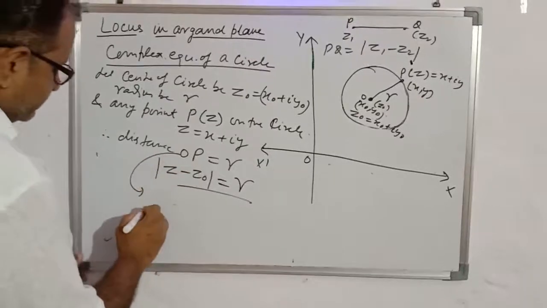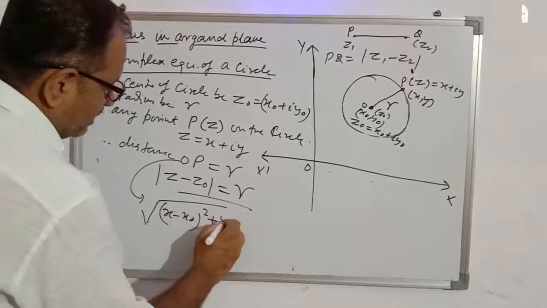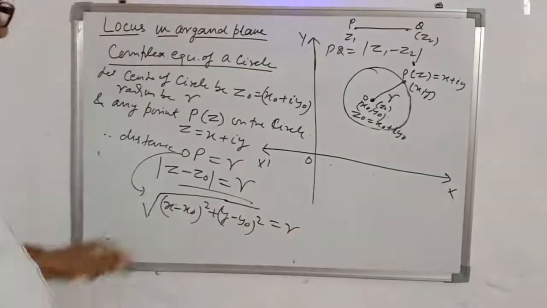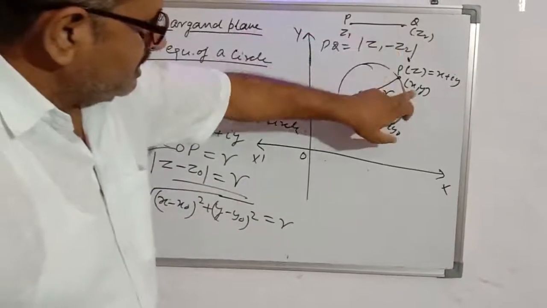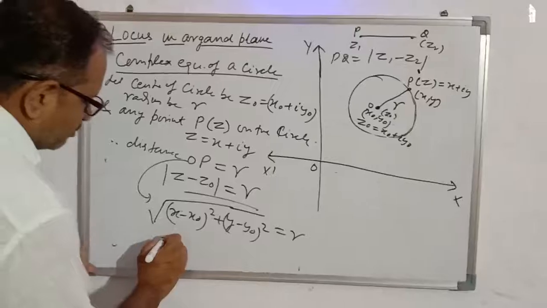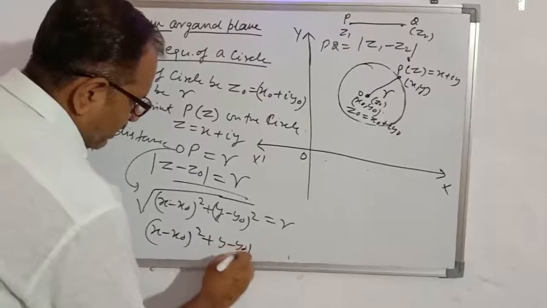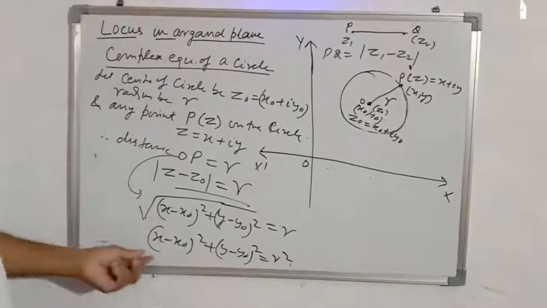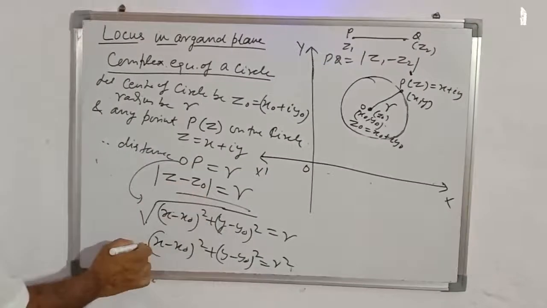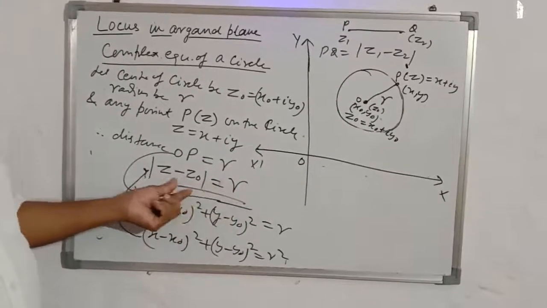Under root, (x minus x0) square plus (y minus y0) square is equal to r. OP, using the distance formula, we can write as under root of (x minus x0) whole square plus (y minus y0) whole square. Squaring on both sides, (x minus x0) whole square plus (y minus y0) whole square is equal to r square. It represents a circle, and the distance OP is represented by mod of z minus z0. It means mod z minus z0 is equal to r represents a circle.